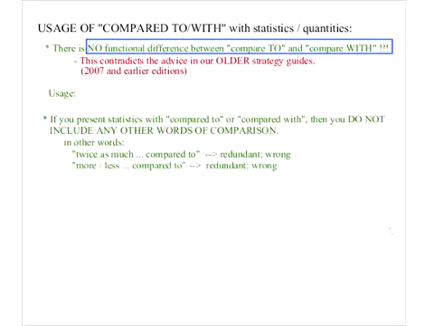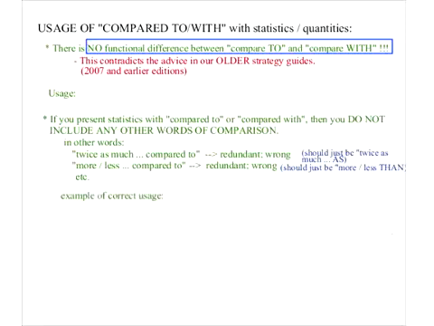If you say more or less compared to, that's also incorrect. Okay, so this should just be twice as much as. And then this should just be more or less than. Okay, etc. It's always incorrect to use compared to or compared with in conjunction with these things.